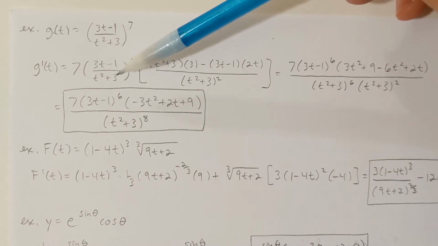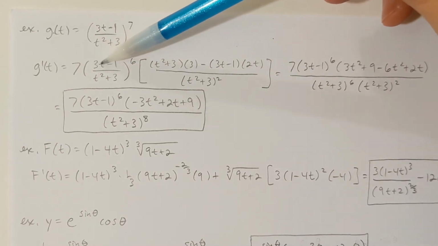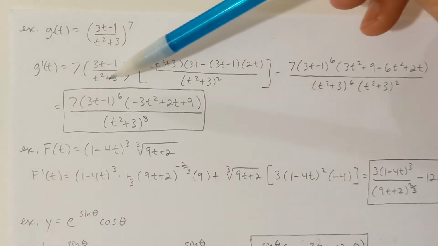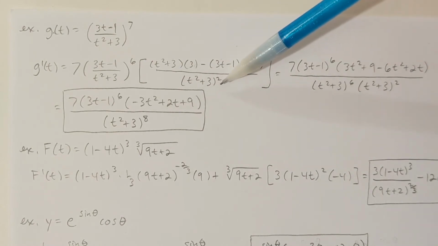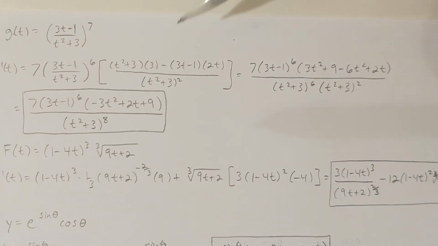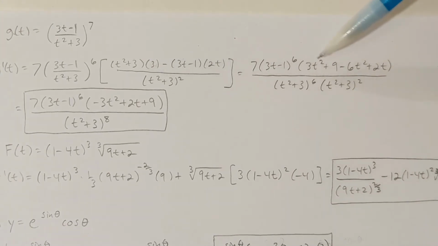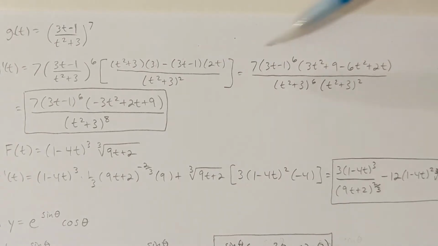So when I apply the quotient rule, the bottom is t^2 + 3 times the derivative of the top, that'd be 3, minus the top, that's 3t - 1, times the derivative of the bottom, that's 2t, all over the denominator squared. Simplify that. Okay, so if I distribute the 3, I'm going to have 3t^2 + 9, and then minus 6t + 2t.